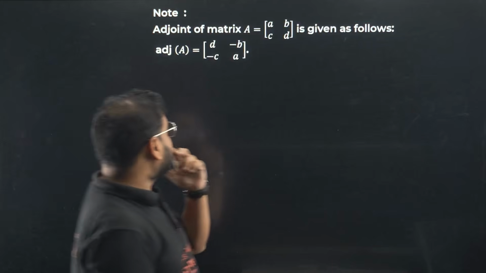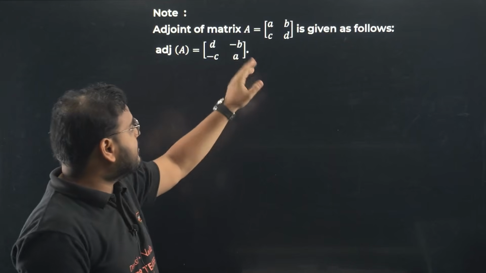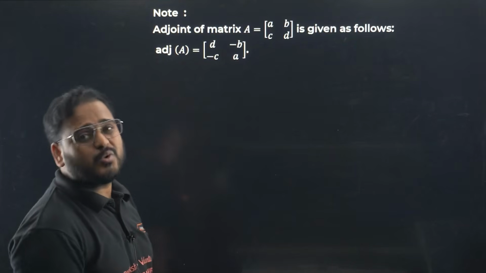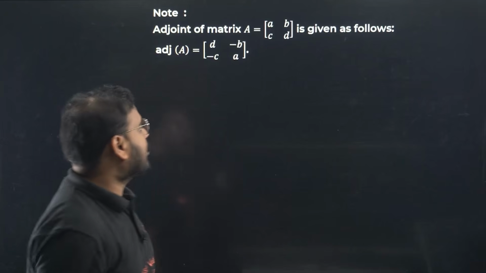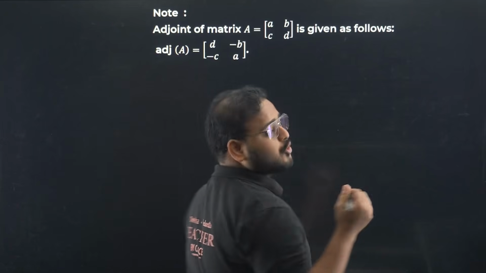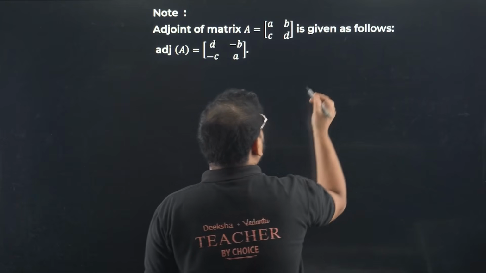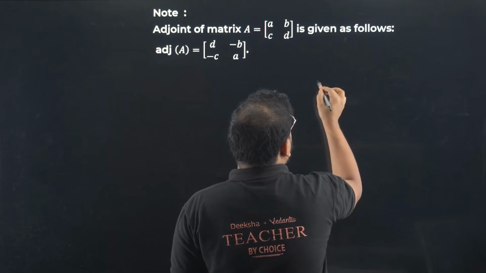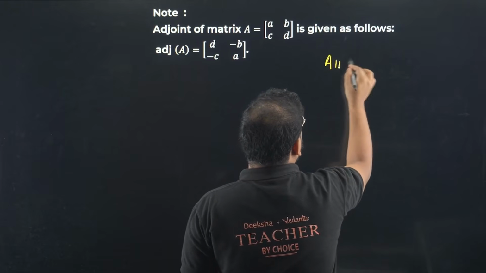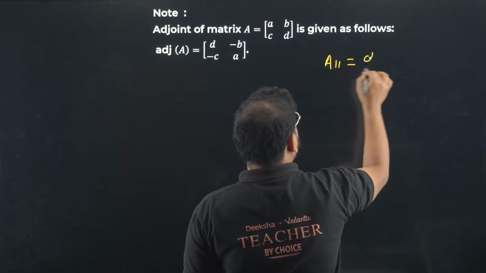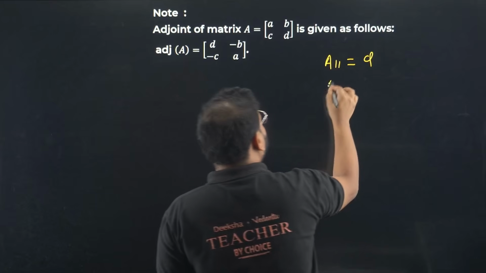Now, the adjoint of the matrix A equal to [A B; C D] is given as follows. Let's try to reach this conclusion. How do we get that? The first thing is to find the cofactors. A11 will simply be D because it is even.